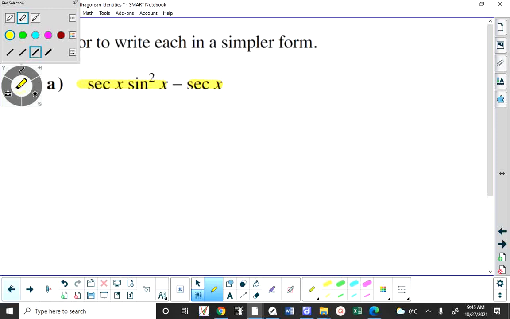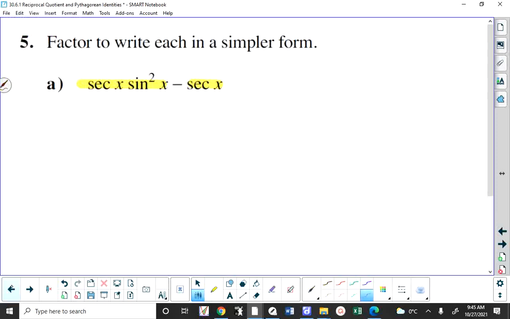That's not to say you have to do it this way. But if I factor secant of x out, I'm bypassing that first suggestion of changing everything to sine and cosine, because sometimes it's more convenient not to. What I am left with is sine squared of x minus 1.